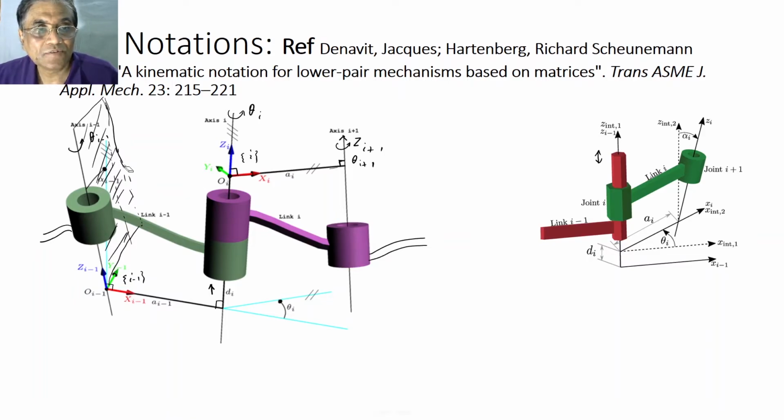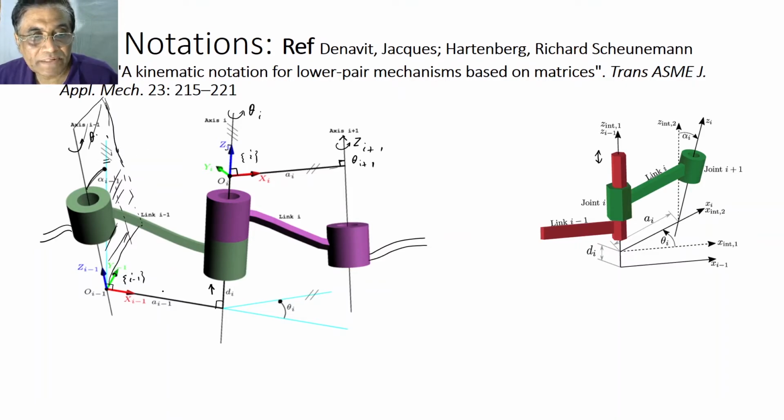So this is the projected Zi, and this and this are parallel. And the twist angle is the angle between this projected Zi and Zi minus 1.